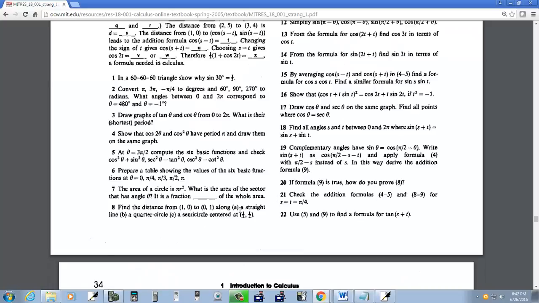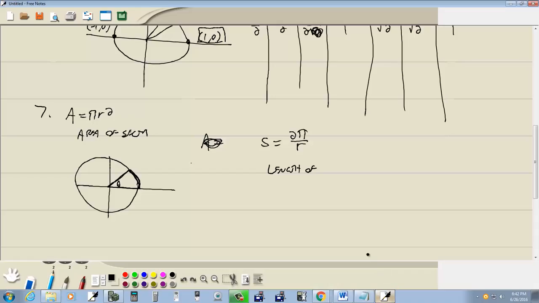So when they're saying along a straight line, that's just the distance formula. When they say a quarter circle, then they're talking about a quarter circle. Here's a complete circle. Oops. Quarter circle would be this piece right here.